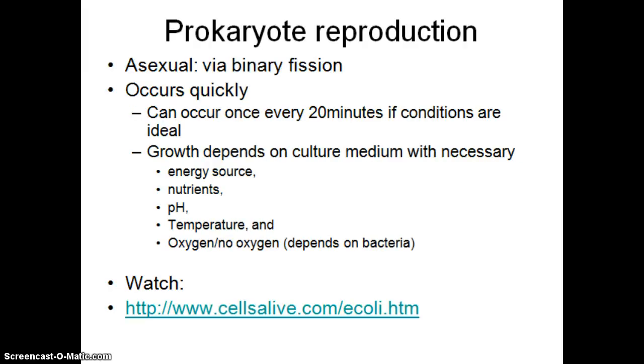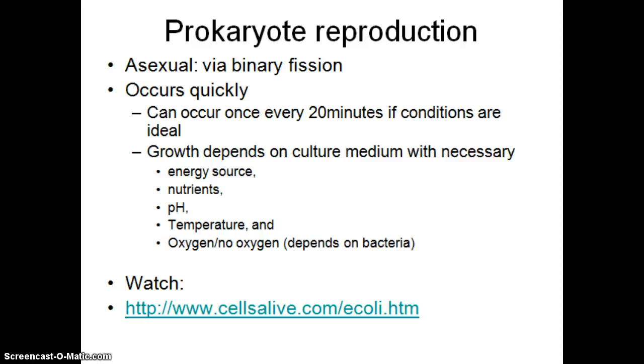So prokaryotes, we said this at the beginning, reproduce asexually, and the process that they go by is binary fission. And this can go so quickly if conditions are good, and that's why you can get really sick from a bacterial infection pretty quickly, because the bacteria, if the conditions are good, will just go like wildfire and reproduce really quickly.